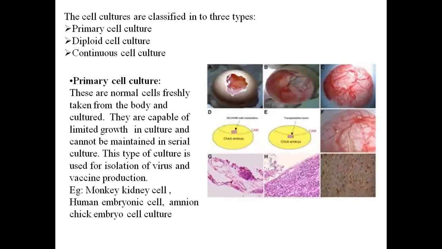Then the cell cultures are further classified into 3 types. One is the primary cell culture, second one is diploid cell culture, and third one is continuous cell culture.